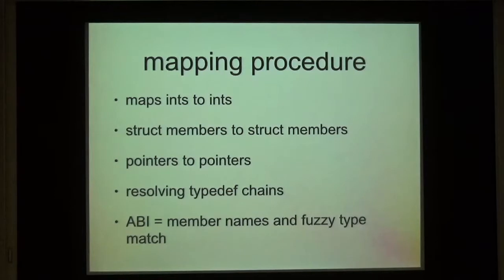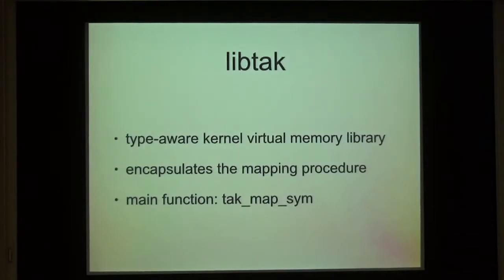For this mapping procedure, we implemented a library called libtak, which is a type-aware kernel virtual memory library that uses CTF to get the type information, and it uses libkvm to get the data from kernel core dumps or from live kernels. The main function, literally the most important function, and to be honest also one of the few functions there, is the map symbol function, which looks just like this.